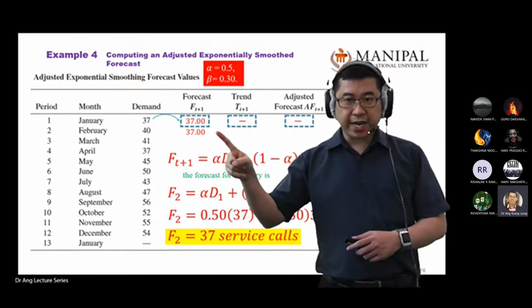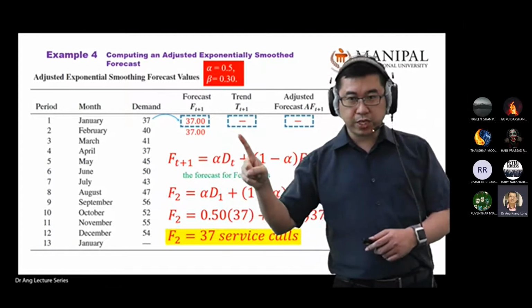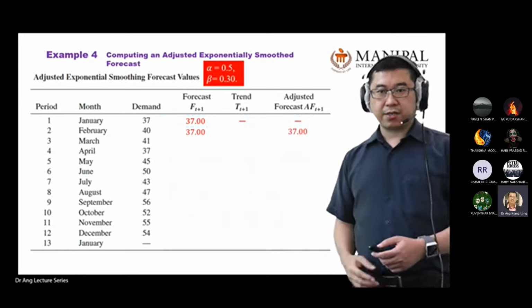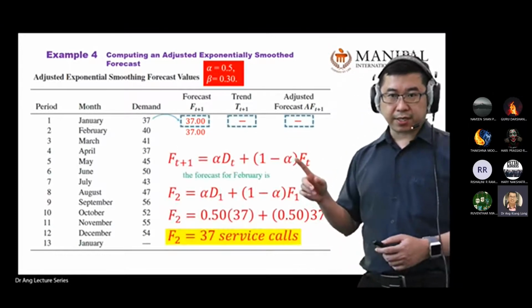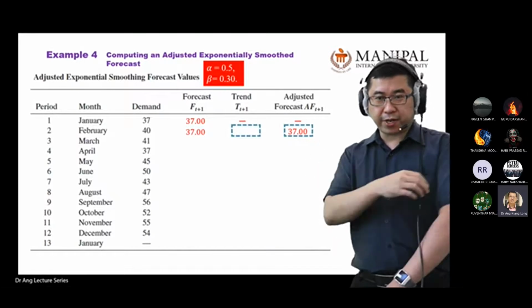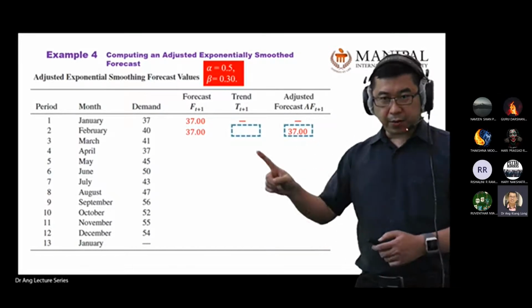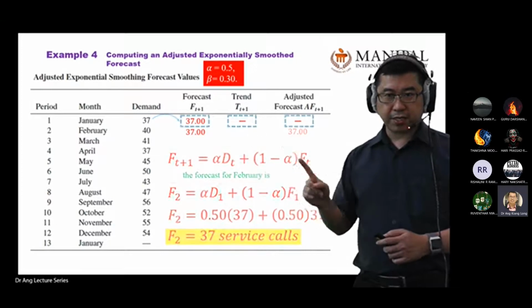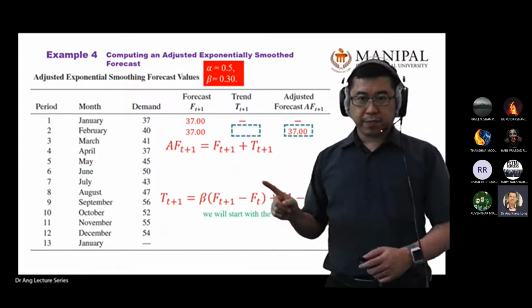Once we have the first forecast value, we can do this one and this one already. Let's apply. Apologies, I forgot to hide this value, but we are looking at these two spaces here.